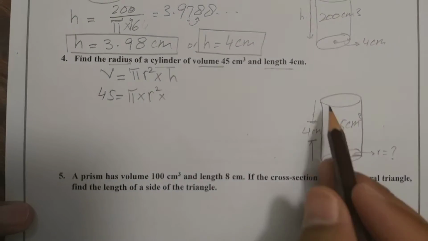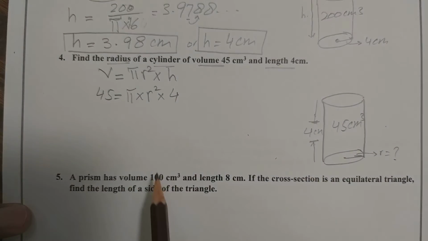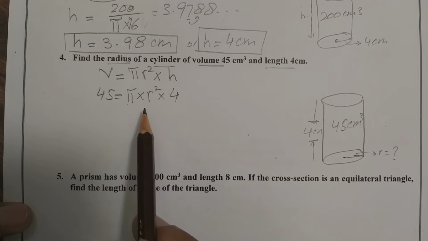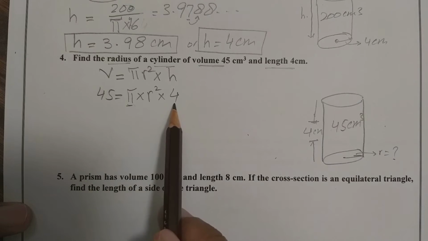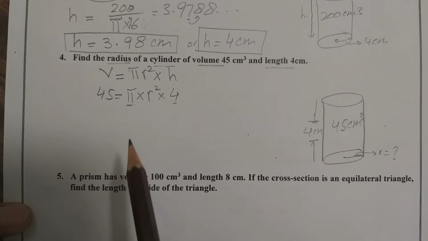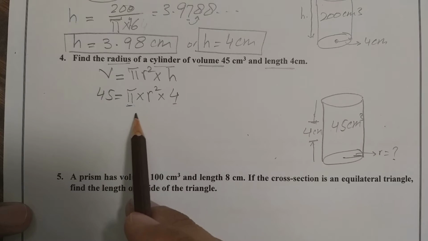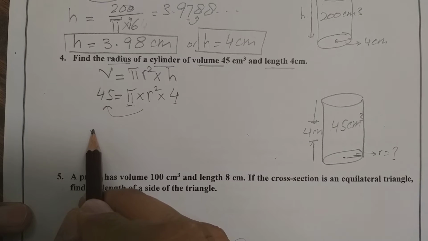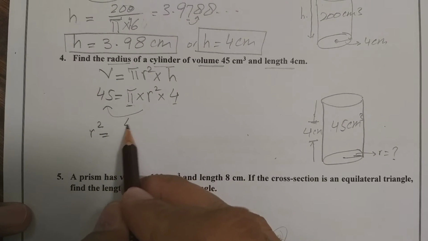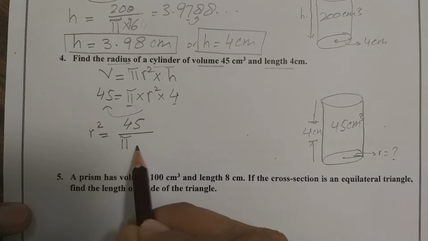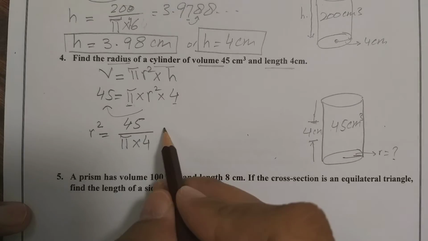When you transfer the pi and 4 to the other side of the equation, it becomes division. So the equation becomes r square equals 45 divided by pi times 4. Simplify it.